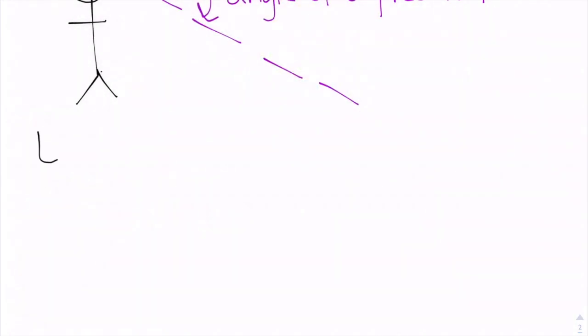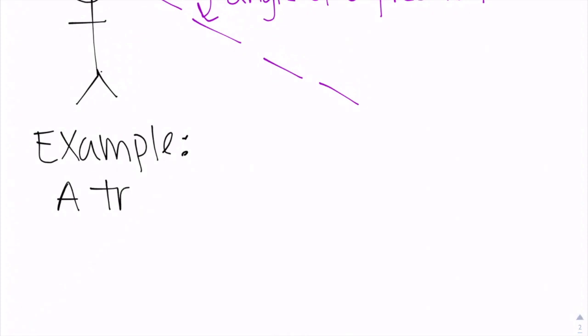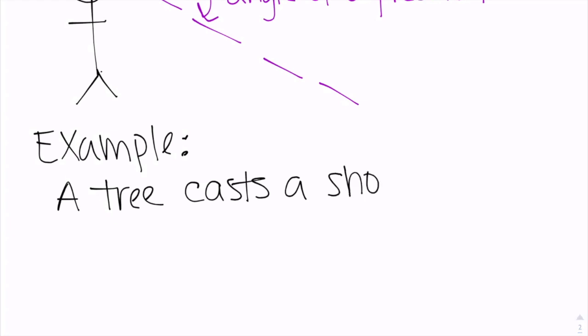So now if we do an example, a tree casts a shadow of 532 feet.